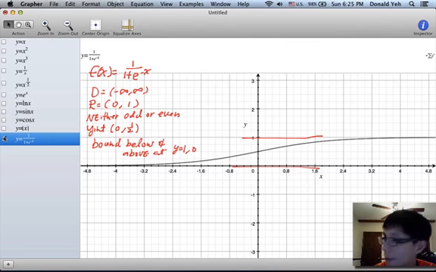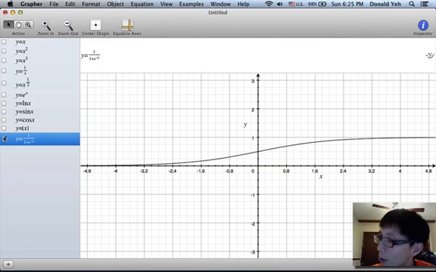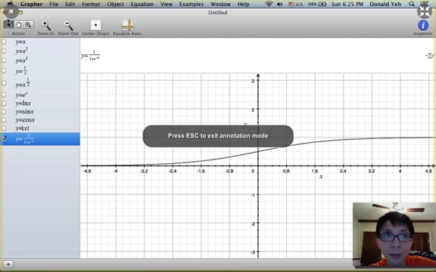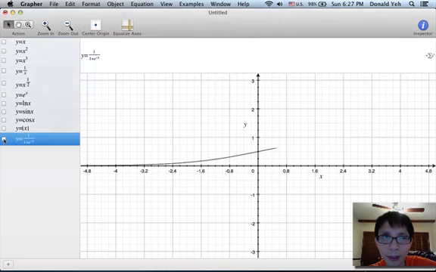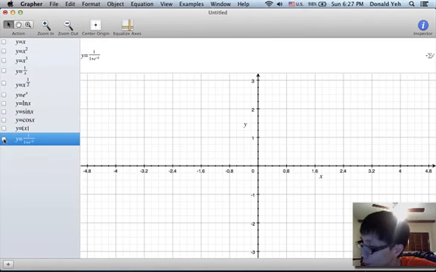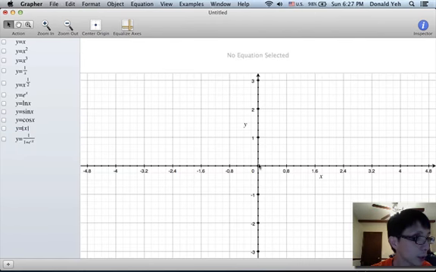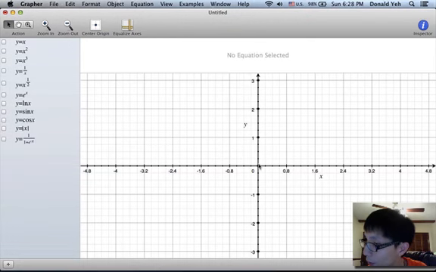Anything else? Oh, the greatest integer function. The greatest integer function looks like this. It's not an easy one to graph, so I'm going to graph it here. I'm going to graph this function very fast.